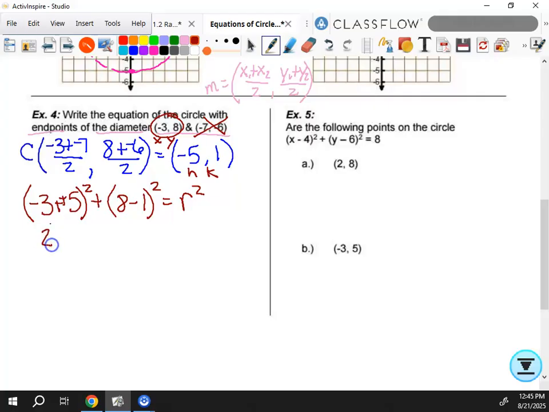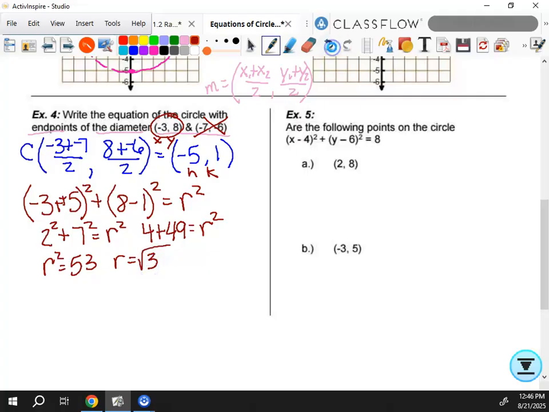So that gives me 2 squared plus 7 squared equals r squared. So that's going to give me 4 plus what's 7 squared? 49 equals r squared. So r squared equals 53. R equals the square root of 53.